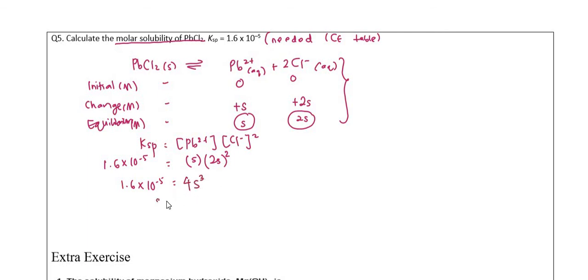Alright, so you settle down, you get s as 0.0159. Thus, molar solubility of PbCl2 is 0.0159. Include the unit.